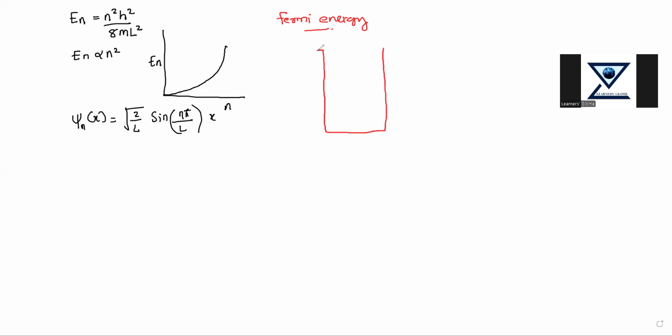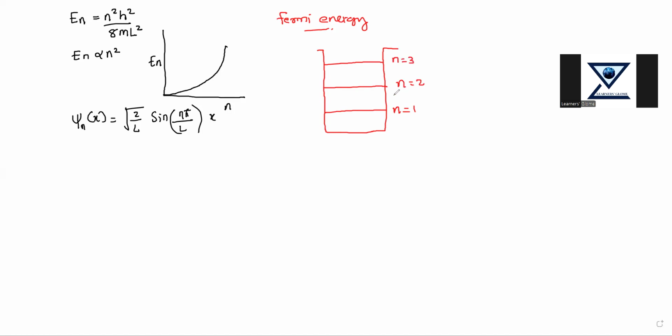The electron is trapped in a potential well, or we just consider it a finite well or infinite well. We'll consider this the first state, this the second state, this the third, for different principal quantum number n. So we can write n equal to 1, n equal to 2, and here n equal to 3.